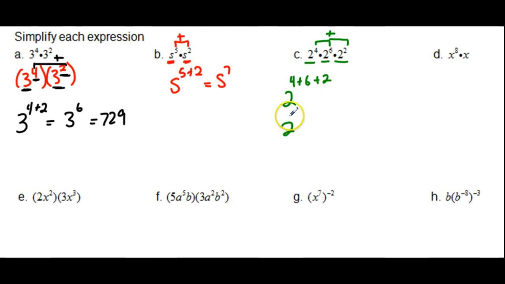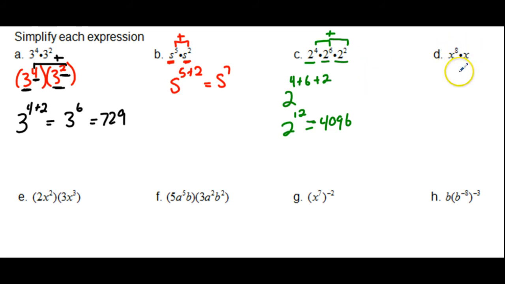So 4 plus 6 is 10, plus 2 is 12. And that, my friends, is 4,096.